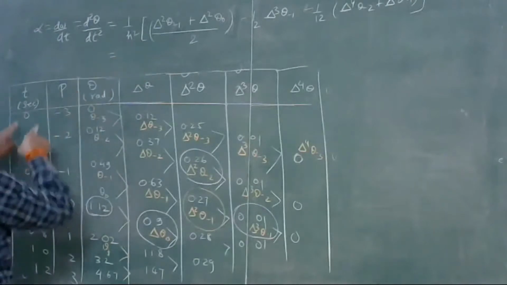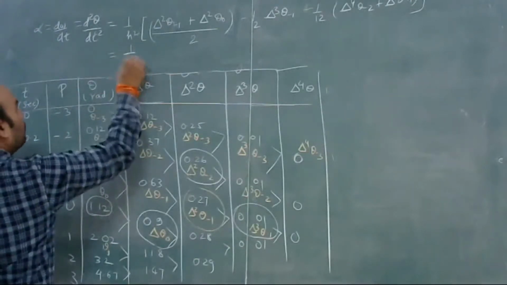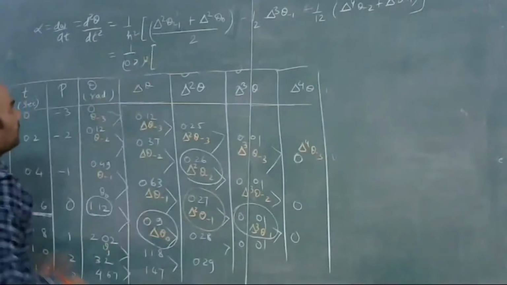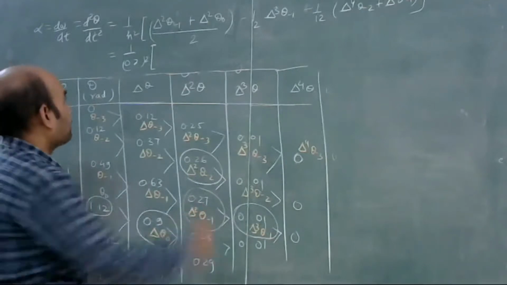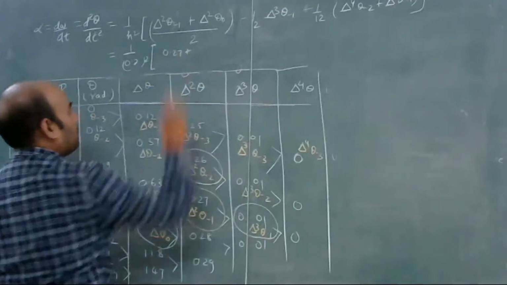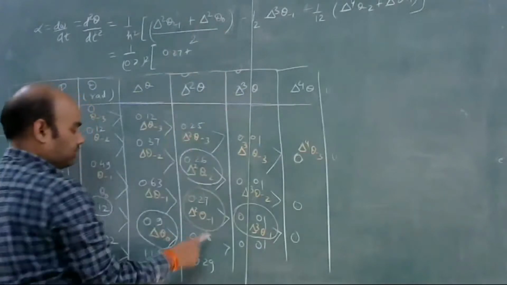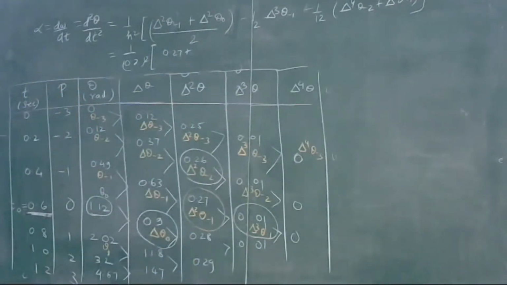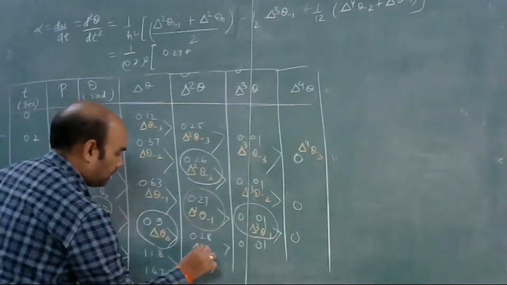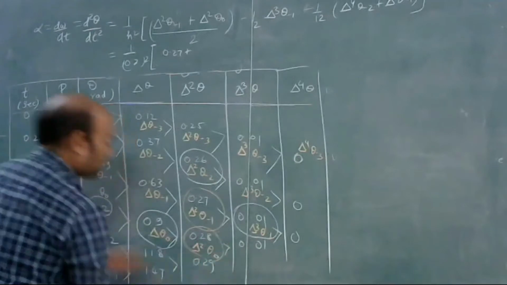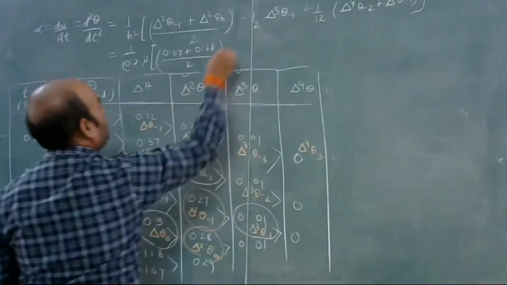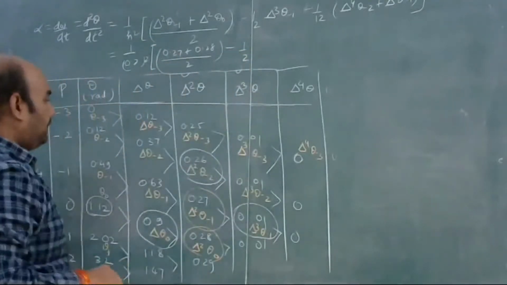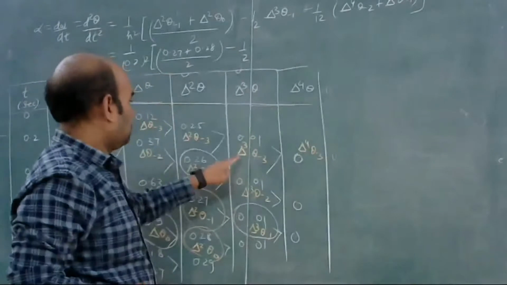So what is h? H is 0.2, so this will be 0.2 whole square. Del square theta minus 1 is 0.27 plus del square theta 0. This value is 0.28 divided by 2 minus 1 upon 2 del cube theta minus 1.